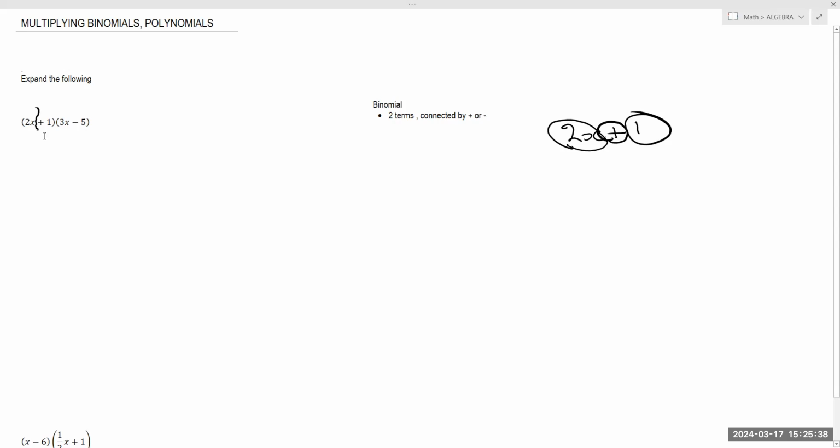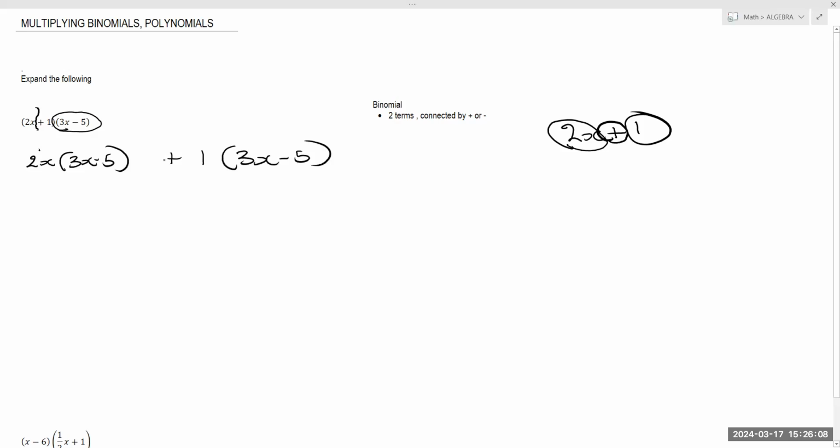So you can see now we have 2x and then a plus 1. Now we can write them separately: we have 2x, and we also have plus 1. Now we're going to multiply each of them with the other binomial. So we have 3x minus 5, then we have 3x minus 5.